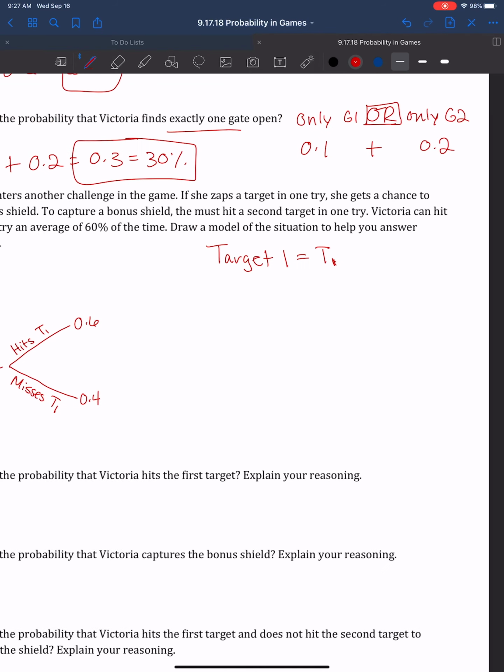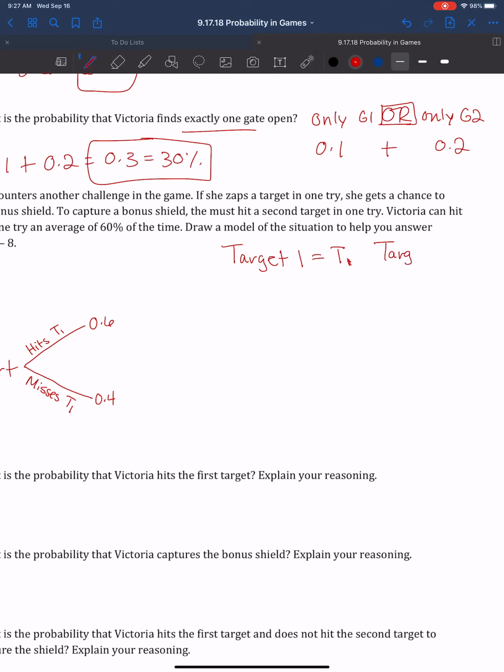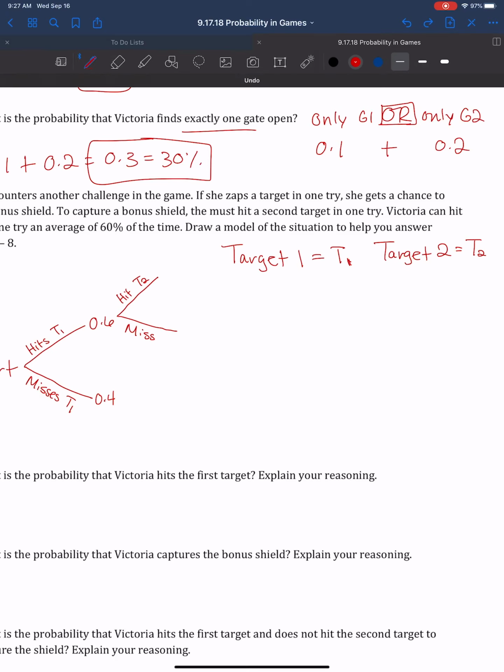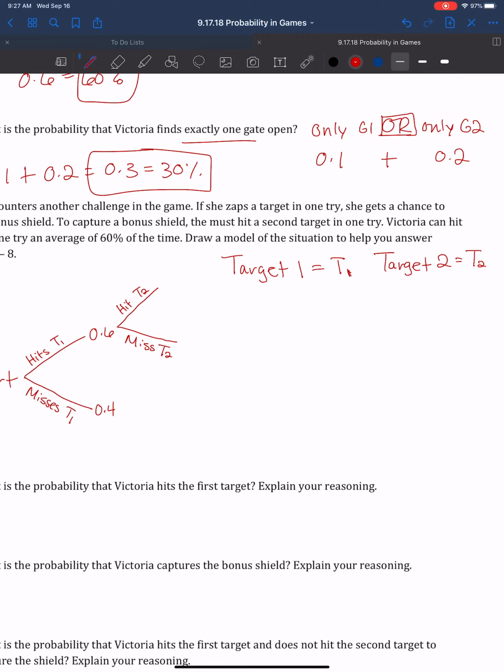Now, to get the bonus shield, she has to hit target 2. So target 2, I'm going to shorten that as T2. She has to hit both the first and the second, right? So I'm just going to be focusing on this hits branch for the first one. So she can either hit target 2 or she can miss target 2. Now, the probability of her hitting the first target and the second target, okay?